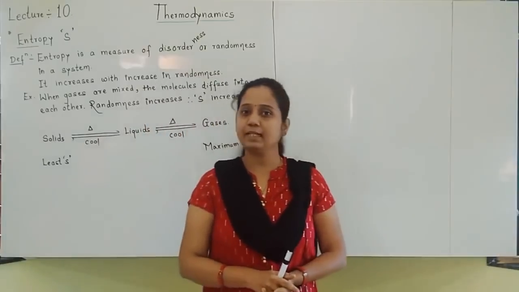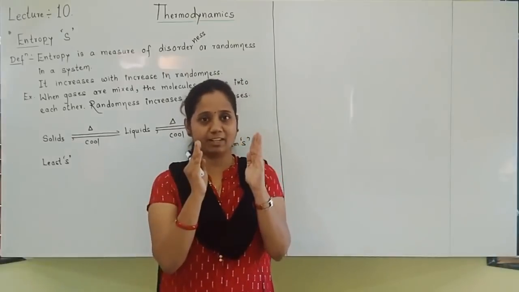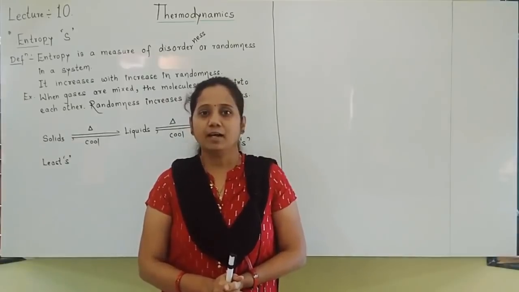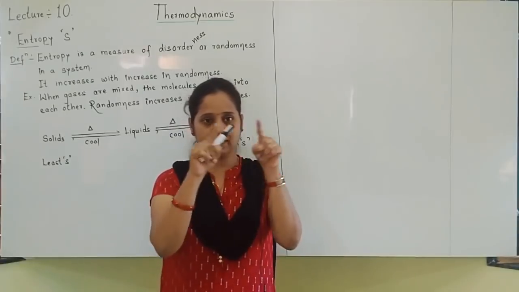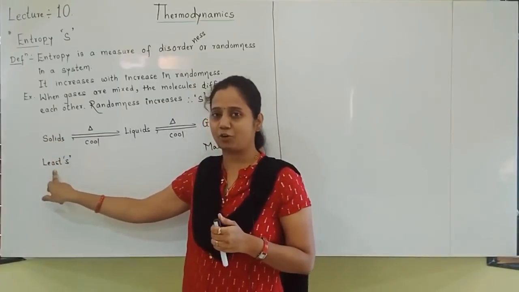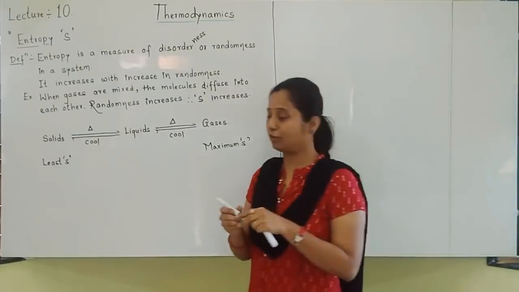So entropy is a measure of disorderness. If we compare solids, liquids and gases, in solids everything is very well ordered. Ordered arrangement of particles will be seen in solids. That's why solids have the least entropy, because entropy is a measure of disorderness.